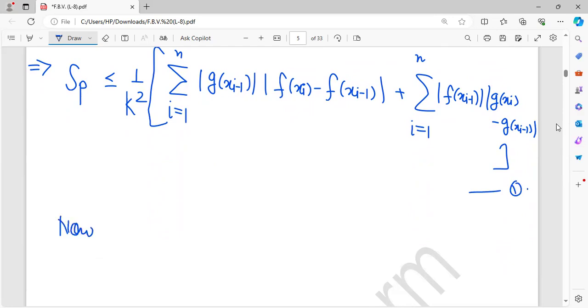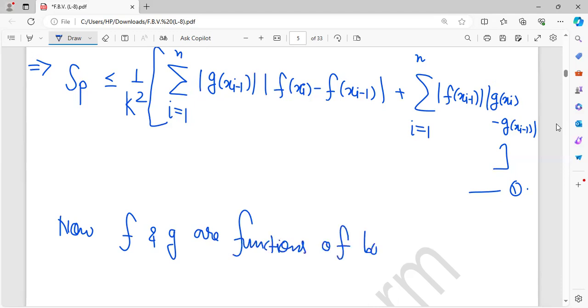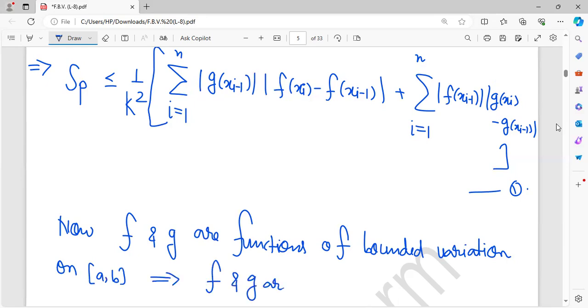Now f and g are functions of bounded variation on the closed interval [a, b]. So this implies f and g are bounded on the closed interval [a, b], because functions of bounded variation are bounded.